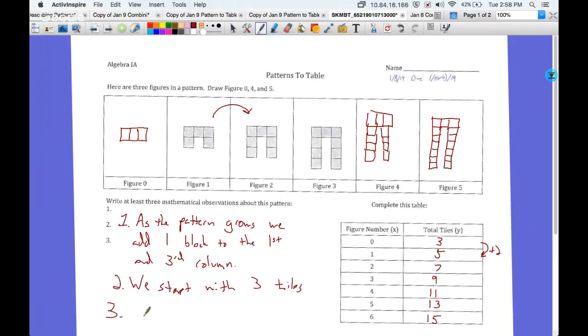And then the third observation is that we increase by 2 each time. So knowing your starting amount and how much you increase by is going to be really important once we get to linear.